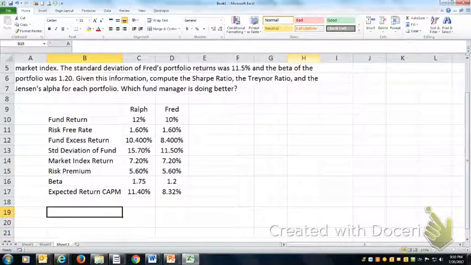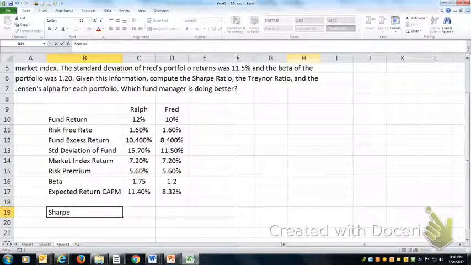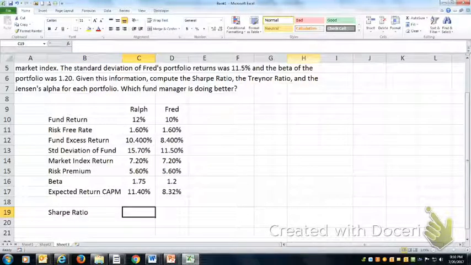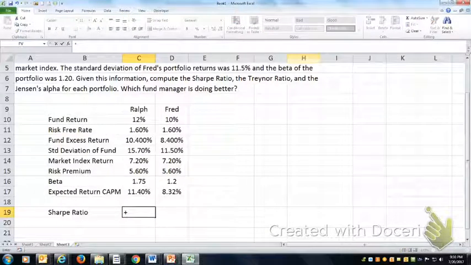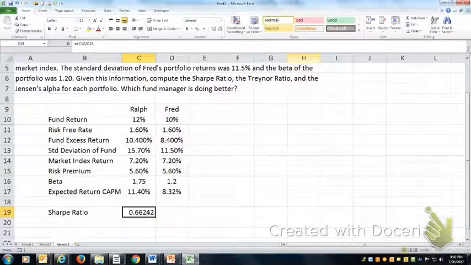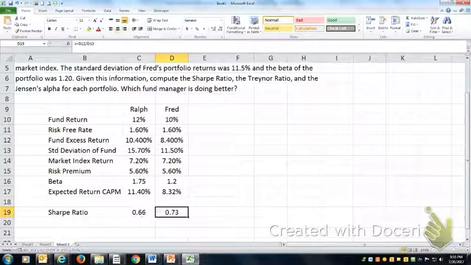All right, the Sharpe ratio is the excess returns of the portfolio divided by the standard deviation of the portfolio. So we've got a Sharpe ratio of 0.66 for Ralph and 0.73 for Fred.